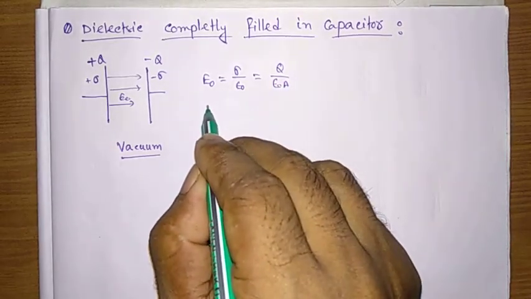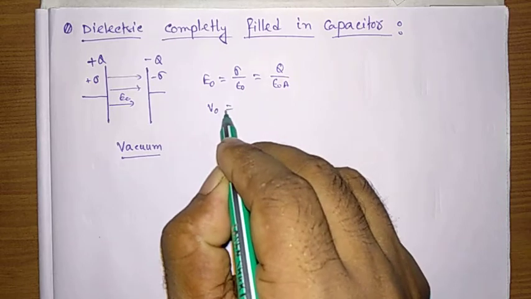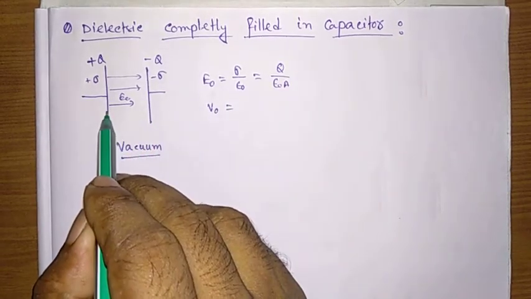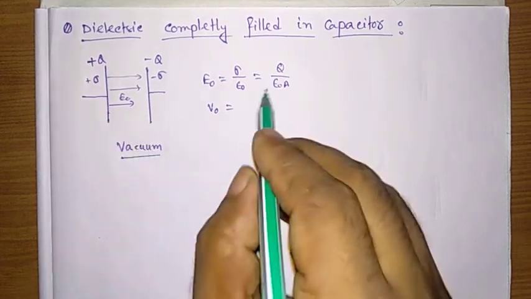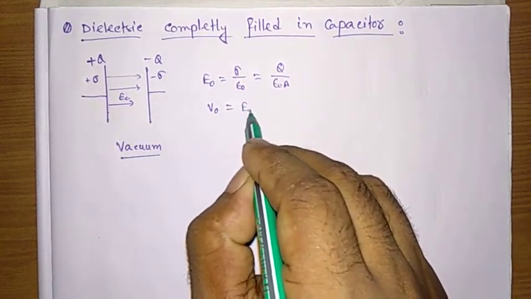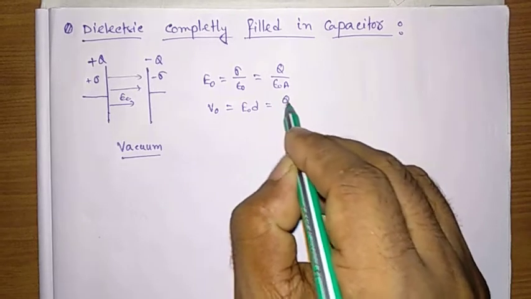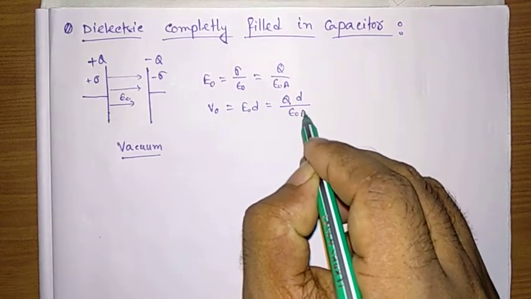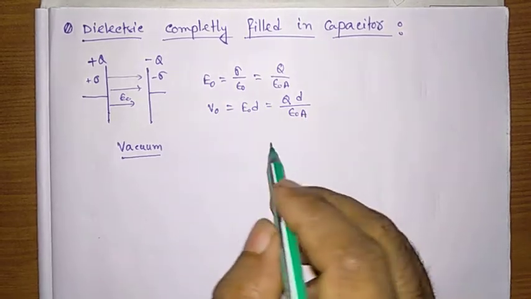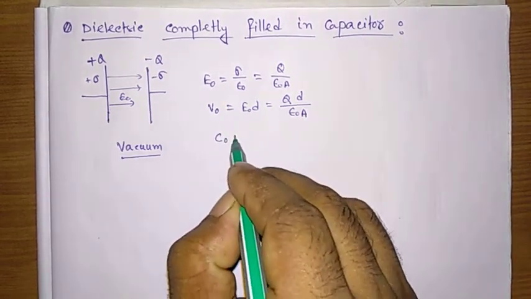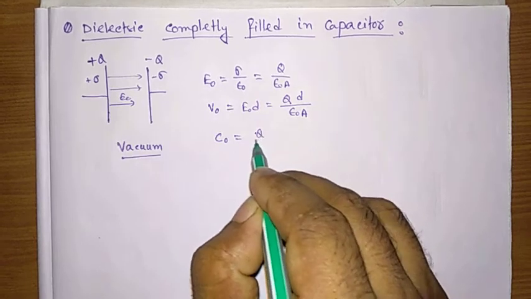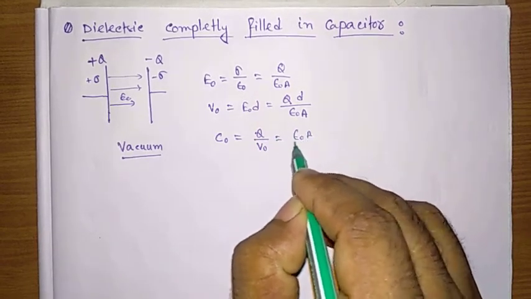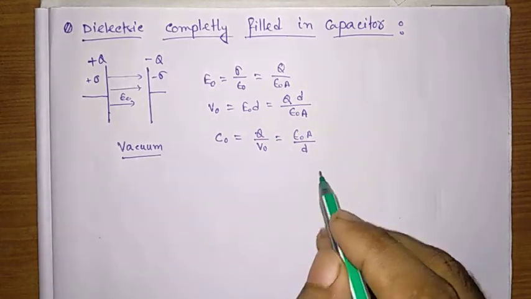Now V naught, the potential difference between these two plates, is equal to E naught D, which is equal to Q D by epsilon naught A. Now capacitance C naught is equal to Q by V naught, which is epsilon naught A by D. Q gets cancelled.